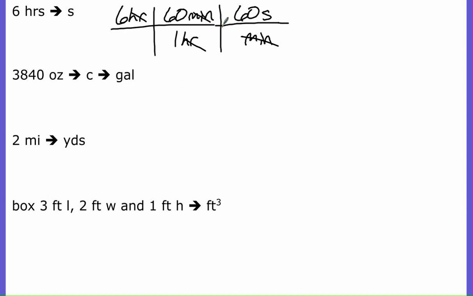So I'm going to grab my calculator here real quick so I don't screw that up. 6 times 60 times 60 is equal to 21,600 seconds.